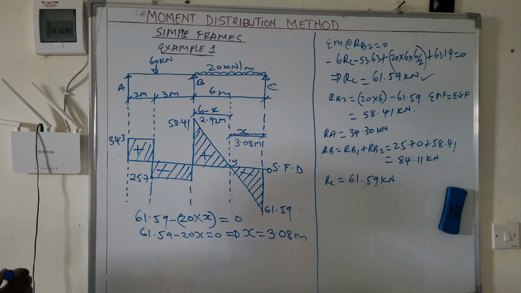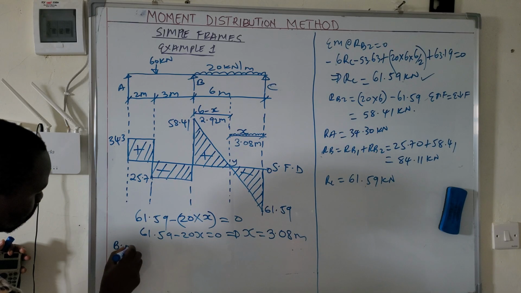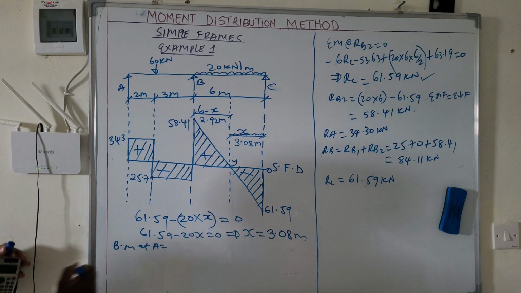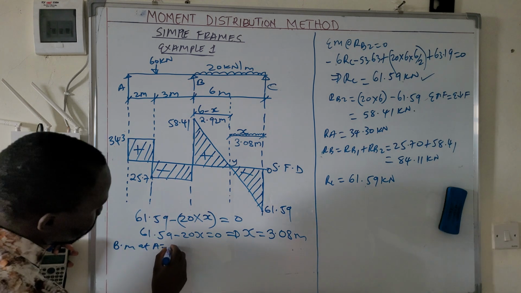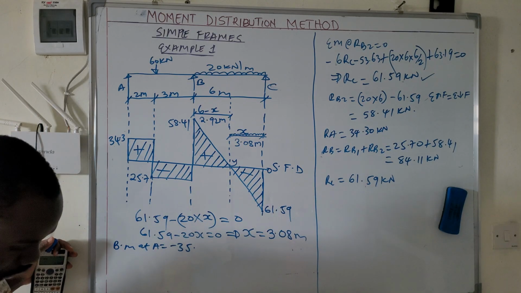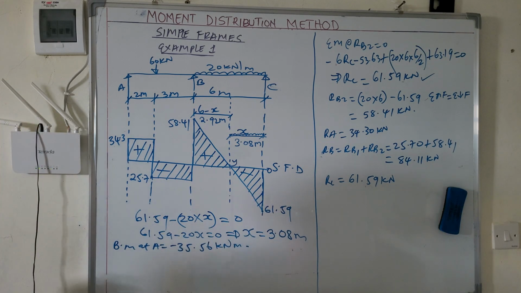So bending moment at A, we already have as negative 35.56 kilonewton meter.